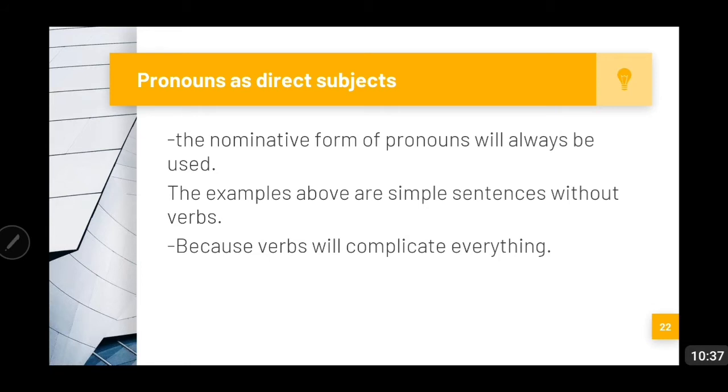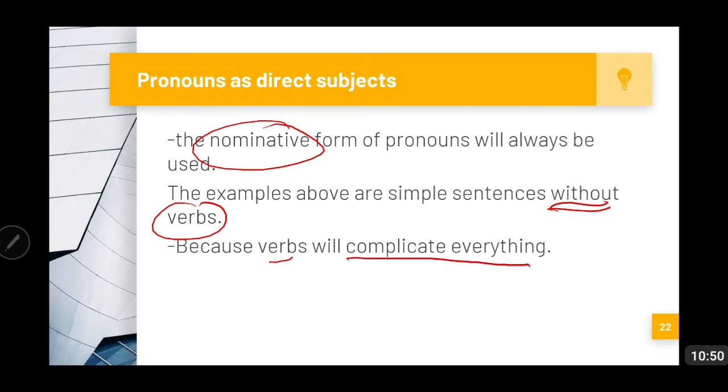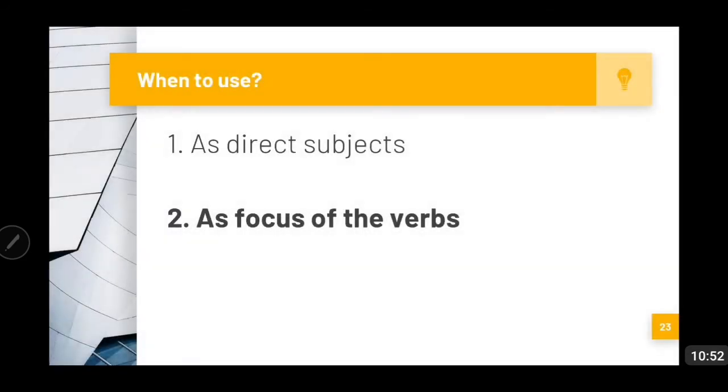Then, as you can see, when pronouns are used as direct subjects, we will always use the nominative form. So the examples above are simple sentences without verbs. Why? Because verbs will always complicate things. So that's why we will discuss in the next topic, which is using nominative pronouns as focus of the verbs.